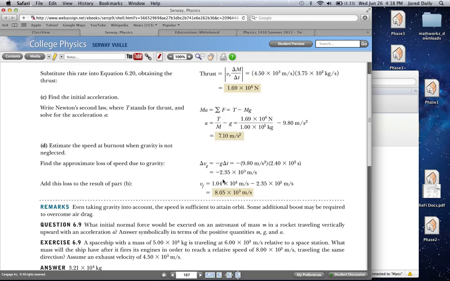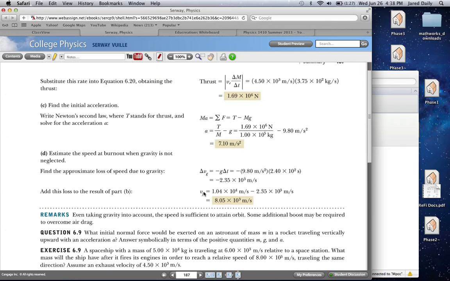Oh, so in this case, they're actually multiplying the acceleration times time, so that's the change in velocity due to gravity. And they take that original final velocity from part A, I think it was, and then they subtract this change in velocity due to gravity. It ends up being, I guess, about 10 times less or so. Is that right? Yeah. Not quite. Actually, you lose about 20% of your speed.